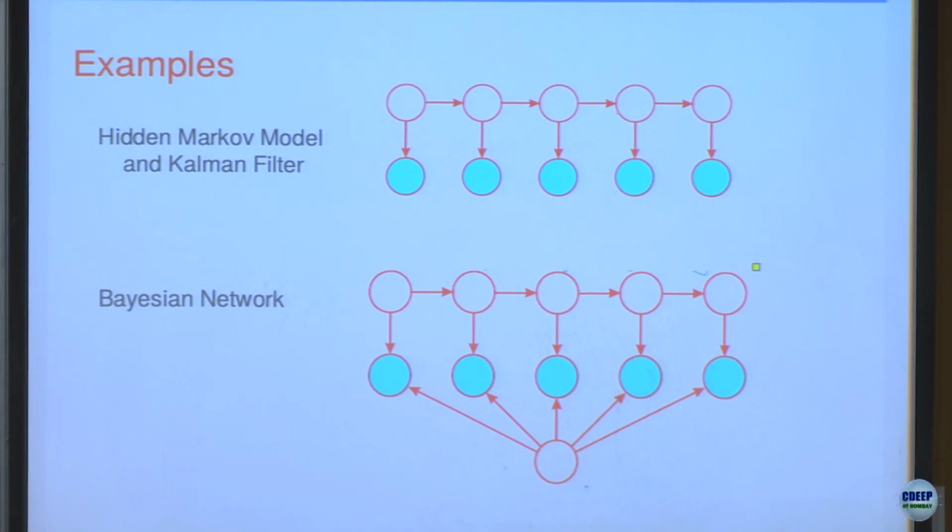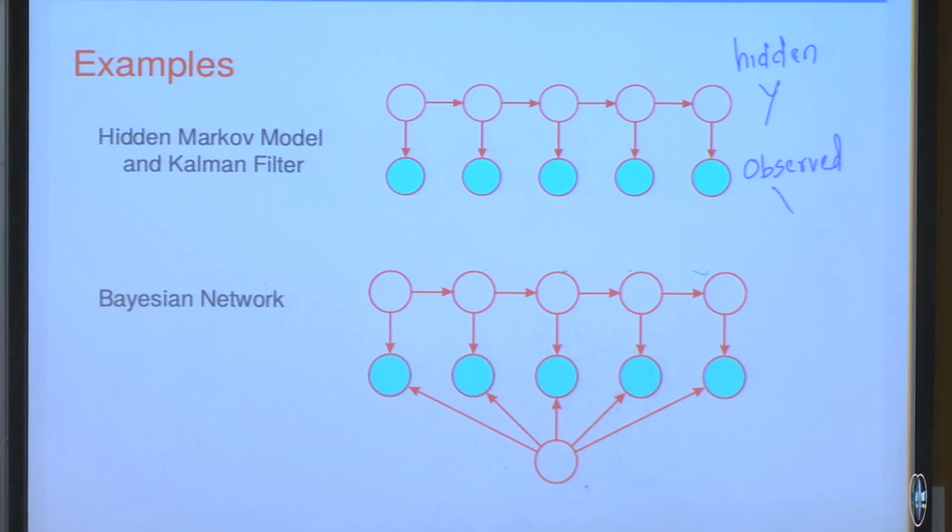Hidden Markov model is one of the very famous examples of directed / undirected graphical model. You can look at a hidden Markov model as a directed graphical model, but because hidden Markov models are basically a chain, there are some hidden random variables and there are some observed random variables. So these are the hidden random variables and these are observed.